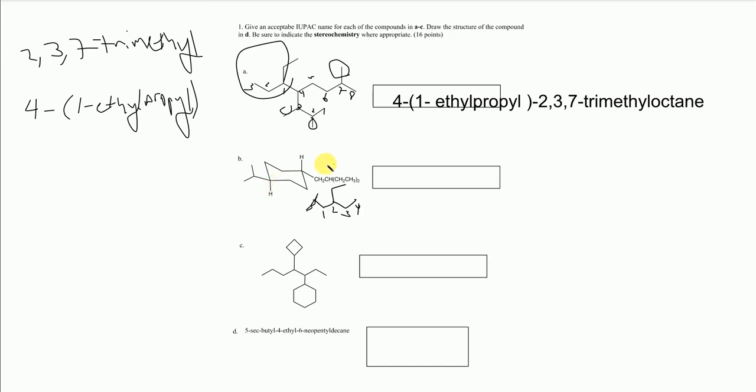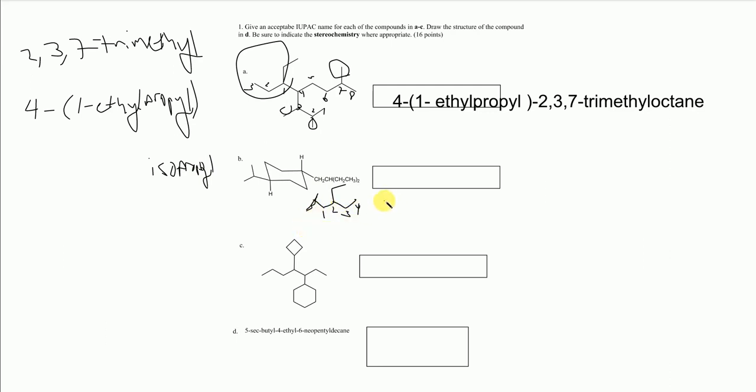So what I really have to choose between is, am I gonna make this one number 1, or am I gonna make this one number 1? That's the question. So I choose by first I need to name it. So this is isopropyl. Okay. And then this one over here is a 1, 2, 3, 4, so that's a butyl.